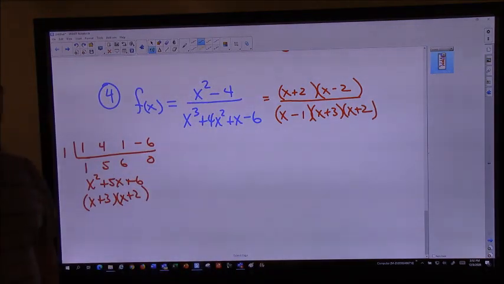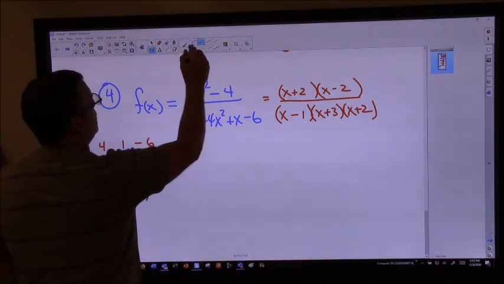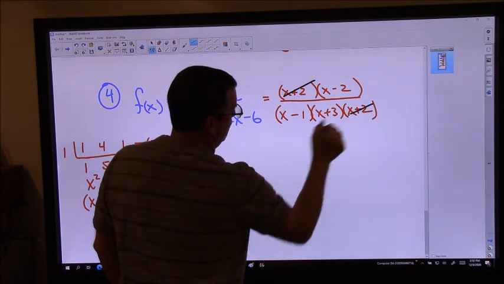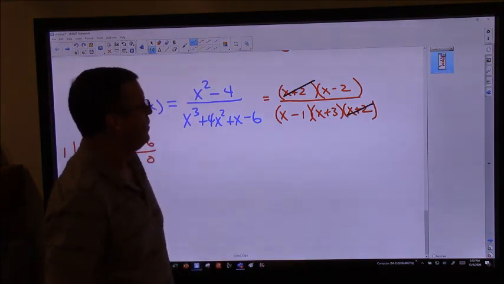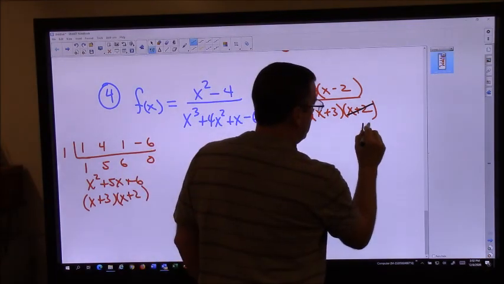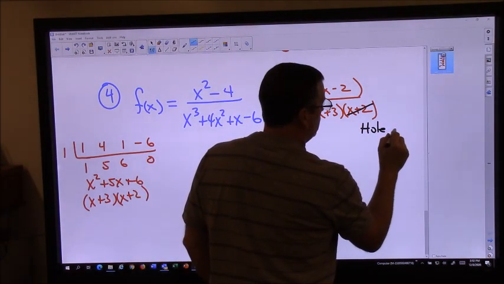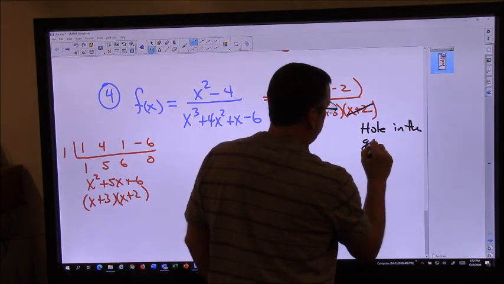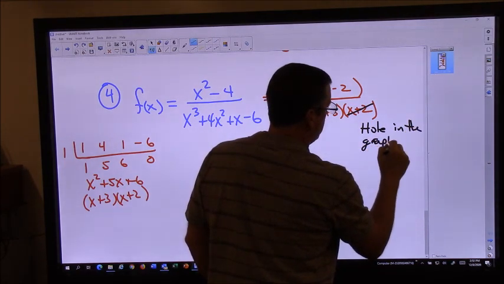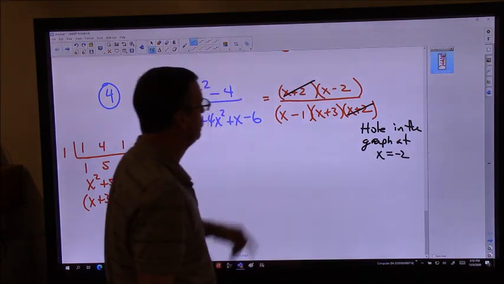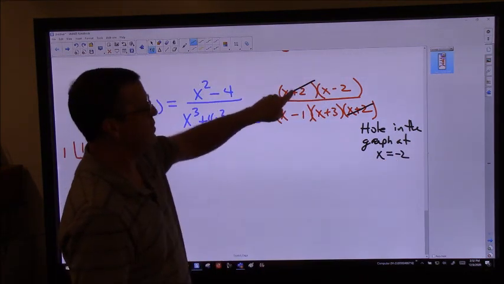So there's something that happens here that's a little bit different. I've got that factor and that factor are the same, so they cancel, but what that means is there is a hole in the graph at x equals -2. Again, whatever makes this equal 0.